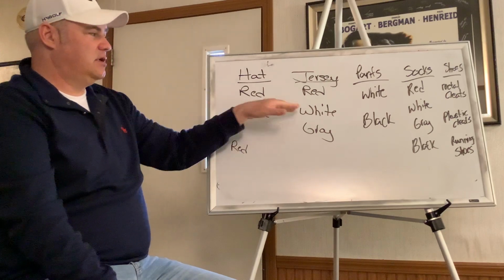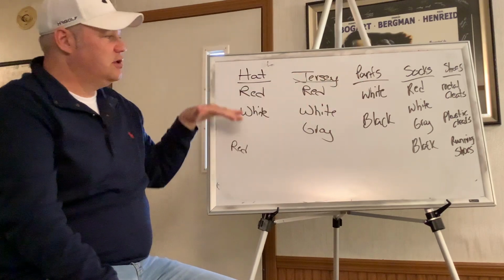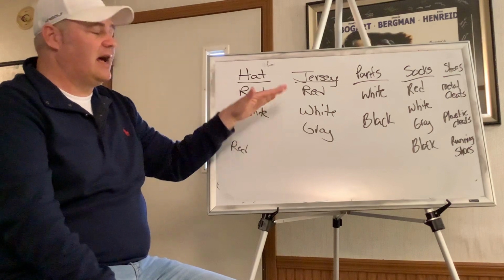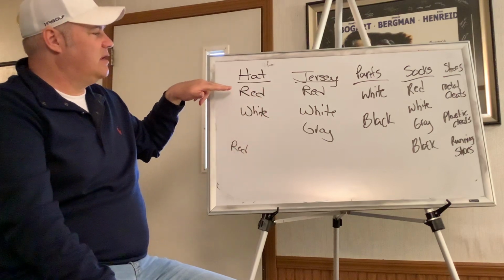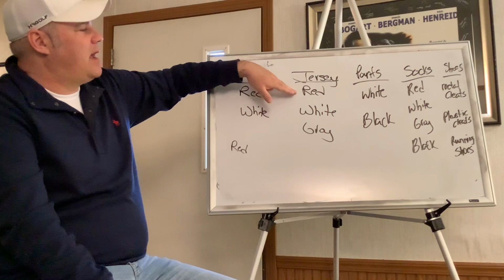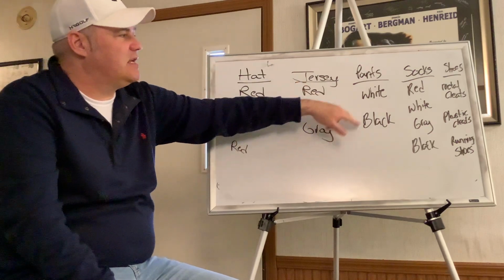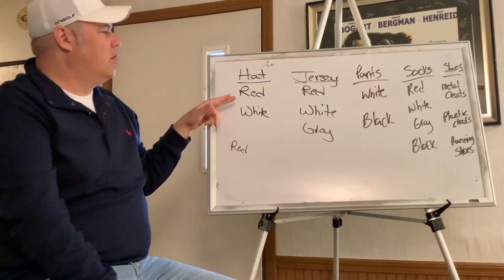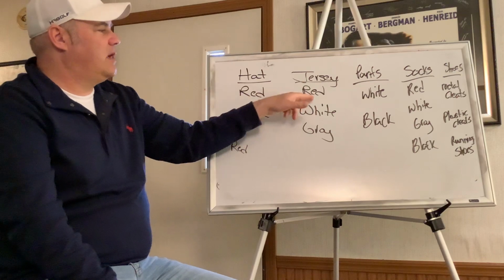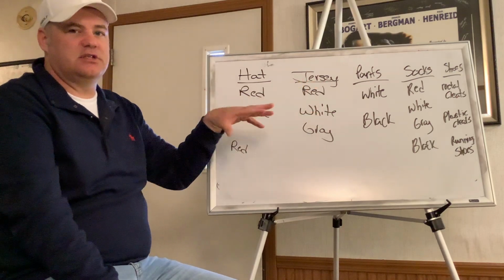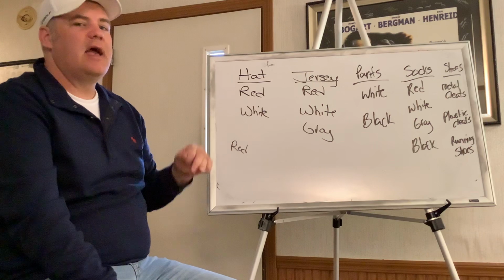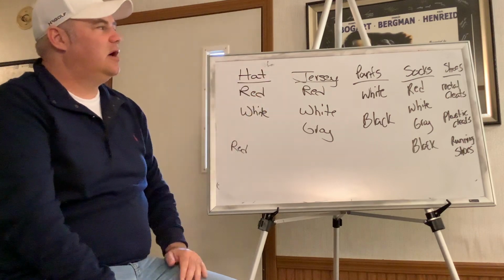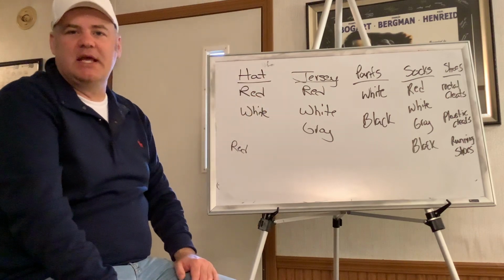Or a white hat, white jersey, and everything on the top row. As you can see, there's a lot of different combinations. I could then wear a red hat, a red jersey, and then just change this and everything on the top row. Or a white hat, red, and so you're seeing, if I just change one thing, how many different jersey combinations can I wear?